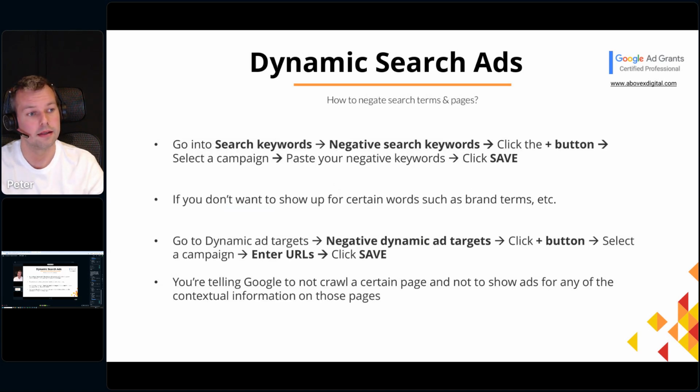When you look at the search term report, it might happen that you see keywords that are not relevant, and you can just click on them. You can negative match them, which will prevent your ads from appearing on these keywords in the future. You should do that, for instance, with brands that are not related or keywords that simply aren't the keywords you would like to go after.